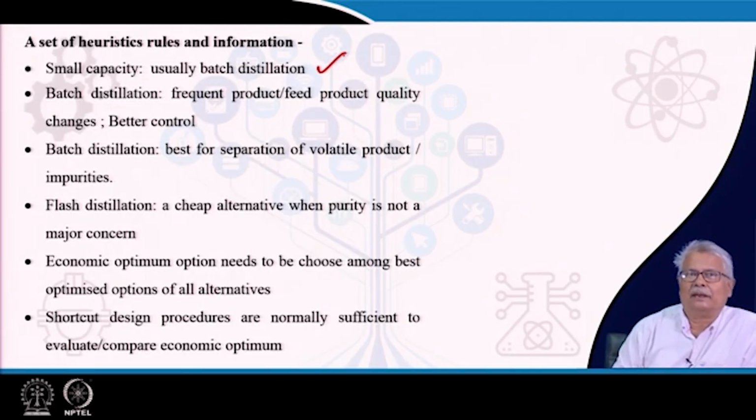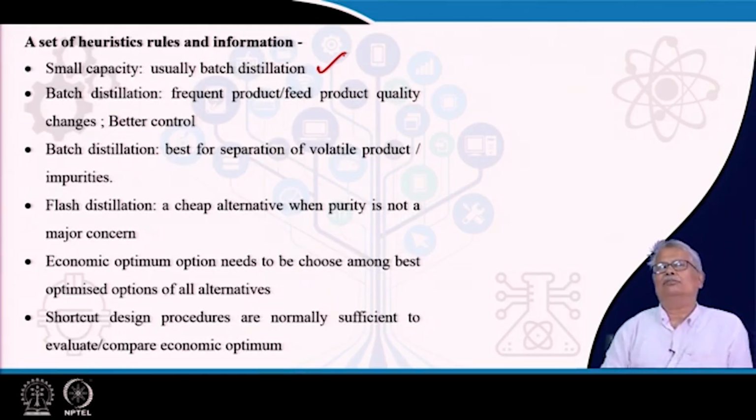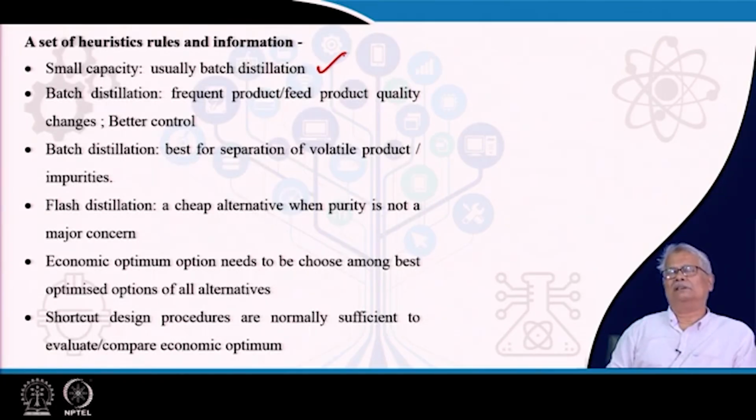This requires startups and shutdowns, because you have to fill your batch still, run it, shut it down and make it ready for the next batch. So, quite naturally, if you lose by off spec, you lose one batch material only as off spec. So, your better control is always there in case of batch distillation systems.